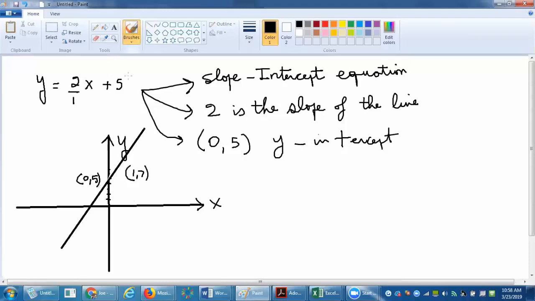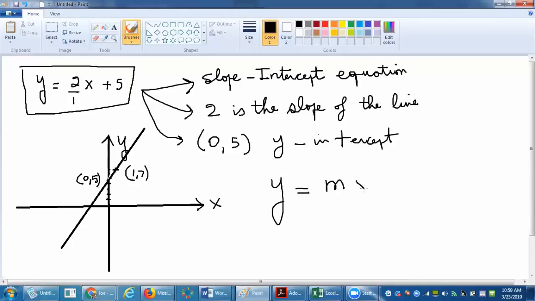We have 2 points, (1, 7) and (0, 5). Joining these 2 points, we end up graphing the line. So that was what we call the slope-intercept equation of the line. It's written in the form y equals mx plus b.